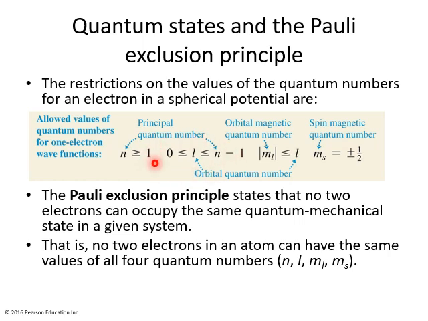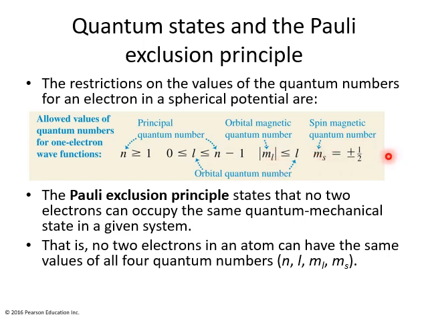We have an orbital quantum number, which is related to the number of nodes in the angular portion of the electron state, and is related to the orbital angular momentum. We have the orbital magnetic quantum number, which is related to the magnetic moment of the atom in a magnetic field and corresponds to the projection of the angular momentum onto the z-axis.